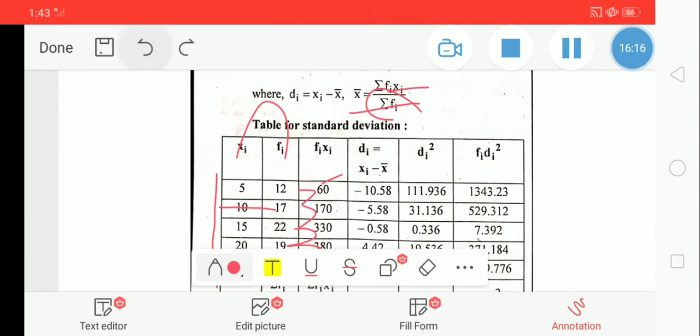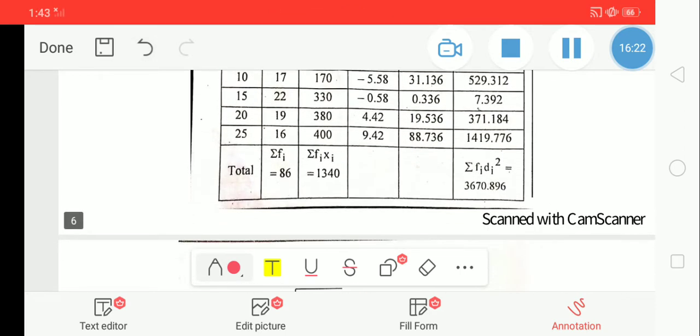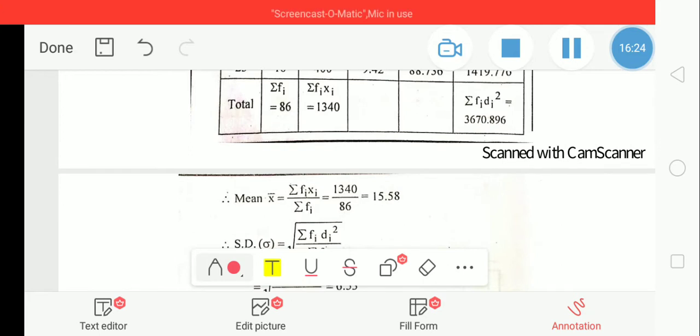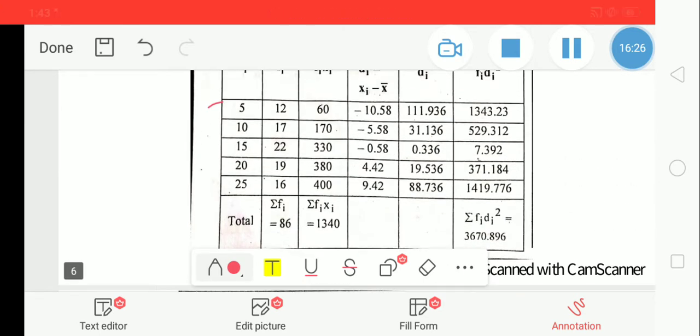Now finding di. So di is xi minus x bar, means 5 minus 15.58, so they give minus 10.58.